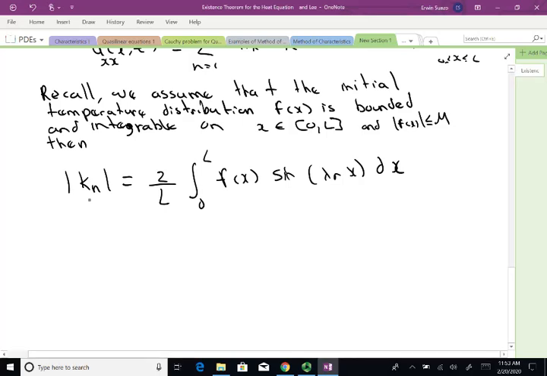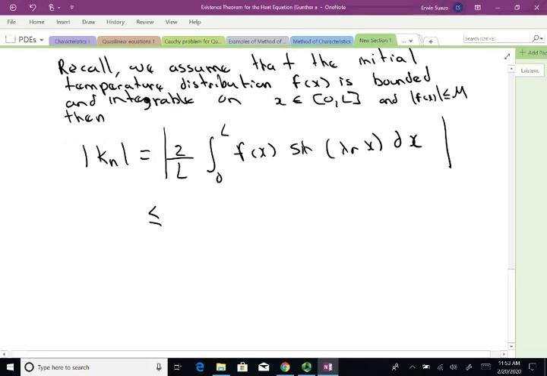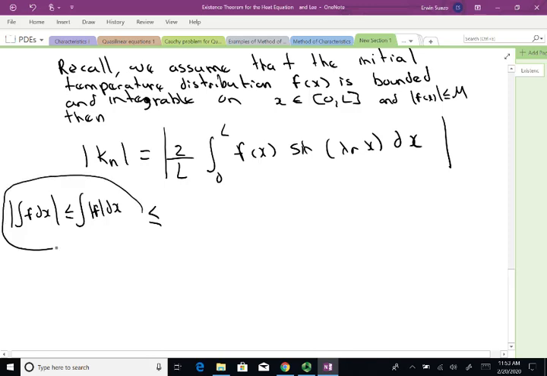So the absolute value of this is like that, right? But then this is less or equal, and this is a property of integrals. The absolute value of the integral of f dx is less or equal to the integral of the absolute value of f dx. We wrote it down in calculus 1.